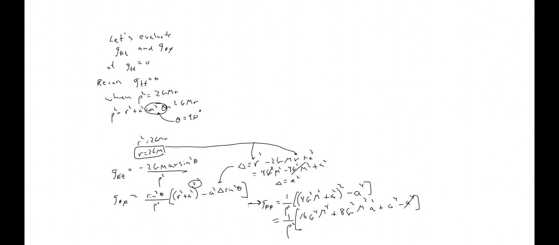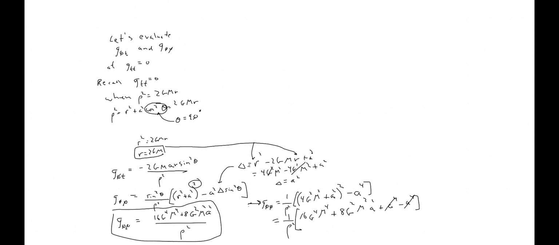So they cancel here, and I'm finally left with G phi phi, which I'll leave like this: 16 G to the 4th M to the 4th plus 8 G squared M squared a squared, all over rho squared. That looks way too sloppy, so I'm going to rewrite this so it's coherent. Does that make sense? Yes. Okay, now go ahead.